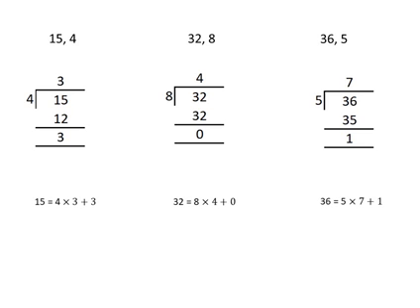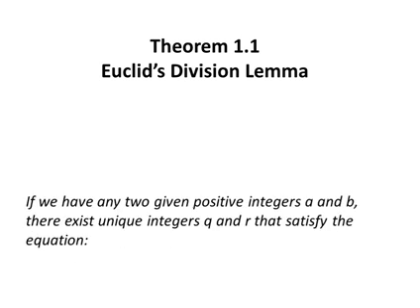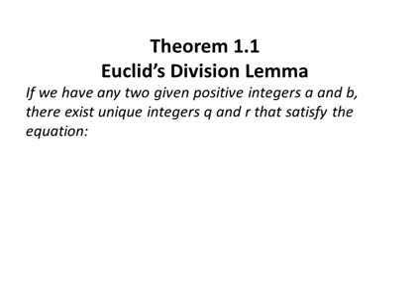What is the relation between Euclid division lemma and this division? Let me see. In Euclid division lemma, if we have any two given positive integers a and b, there exist unique integers q and r that satisfy the equation a is equal to bq plus r.